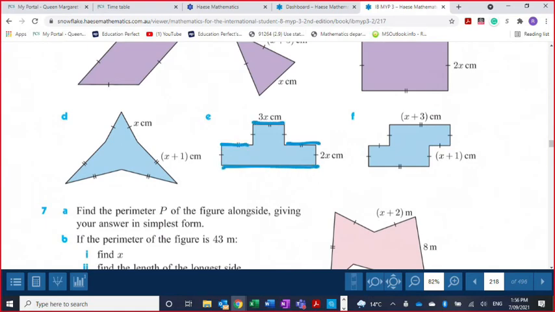So we could just add up these pieces, and that would give us this piece. So think about what they're giving you, what you know, and use the pieces that you have.